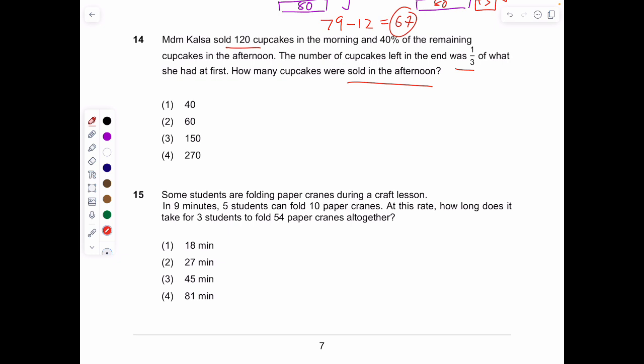So it was said that she sold 120 cupcakes in the morning, and then after that, in the afternoon, she actually sold 40% of the remaining.